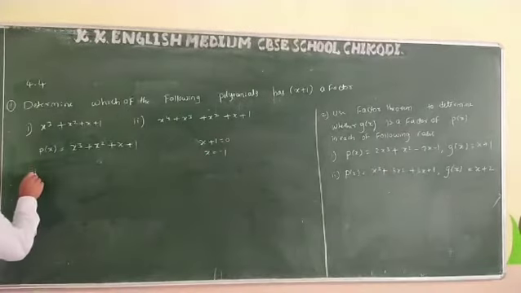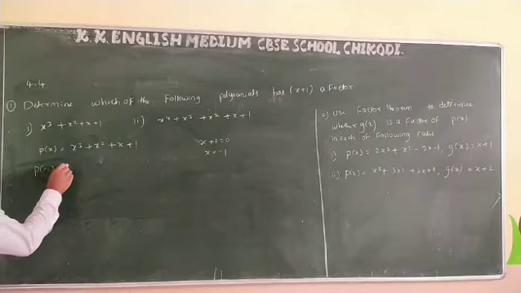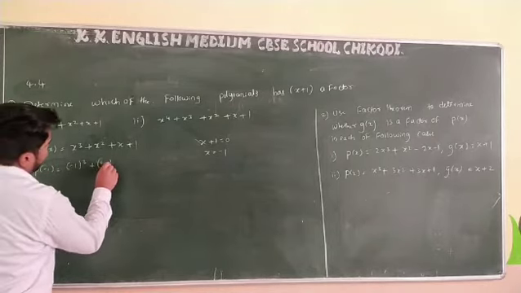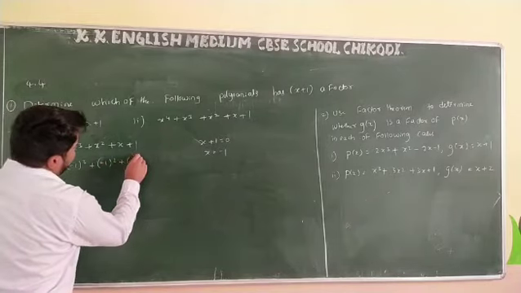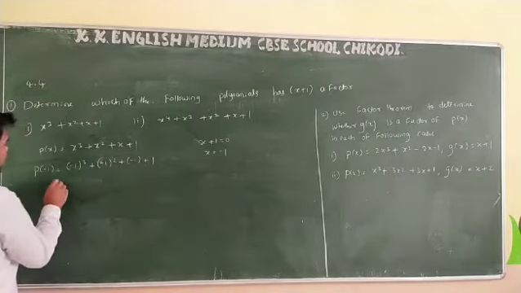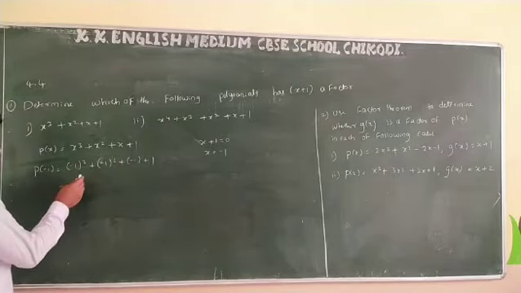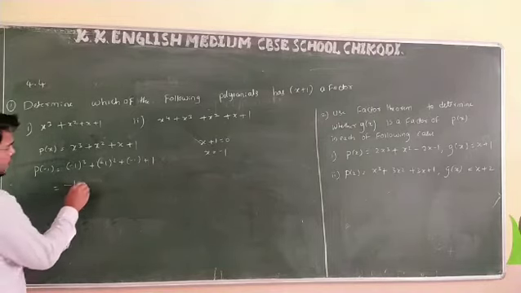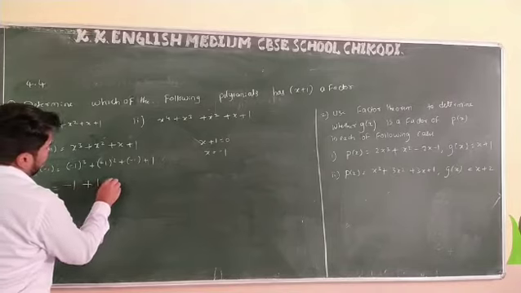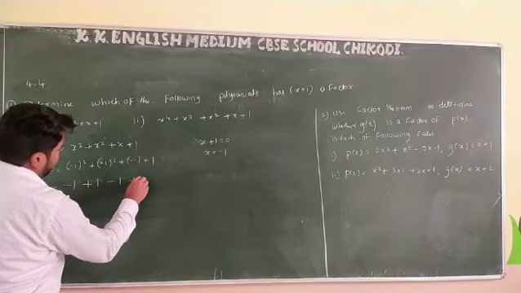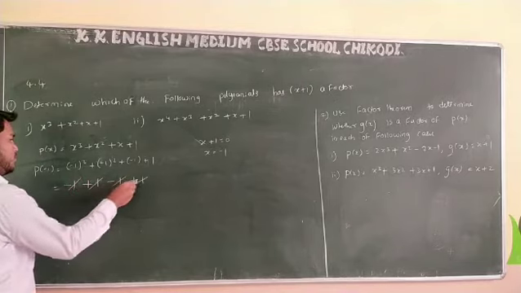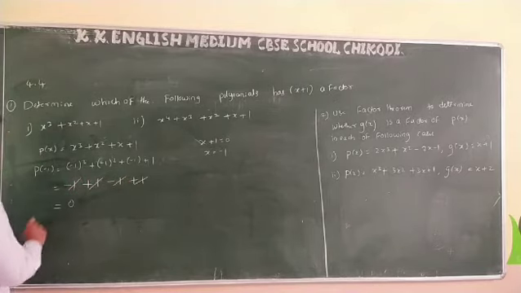So p(-1) = (-1)³ + (-1)² + (-1) + 1. When the power is odd, the number is always negative. That is -1 + 1 - 1 + 1. Here -1 plus 1 cancels, -1 plus 1 cancels, and the remainder is 0.